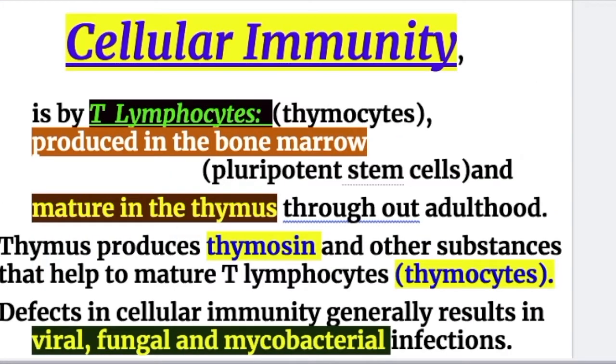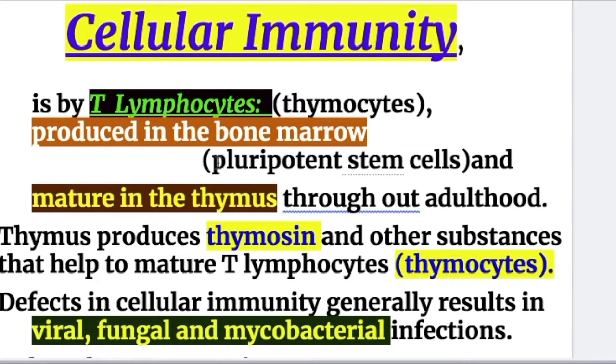So let's discuss cellular immunity. It's done by T lymphocytes or thymocytes produced in the bone marrow. Bone marrow has a pluripotent stem cell that can produce all types of hematopoietic cells, and they mature in the thymus throughout adulthood.